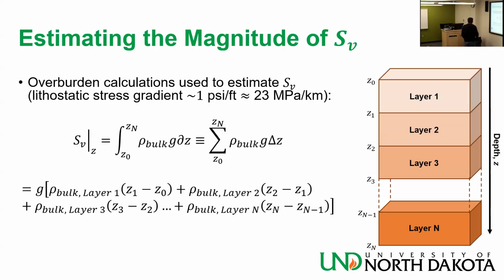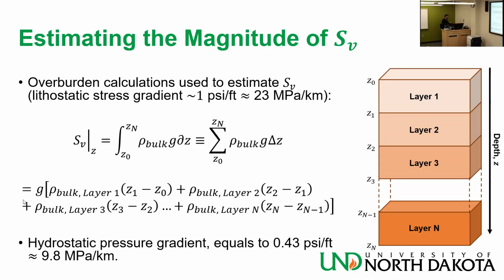This is a rule of thumb, which is basically an approximate, an easy solution I can approximate. Now, for fresh water, it's a fixed value. How much does fresh water weigh? 0.43 psi per foot.